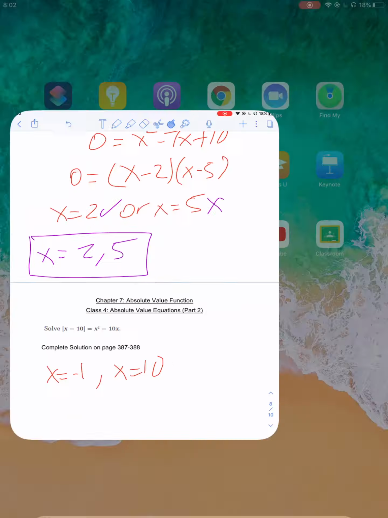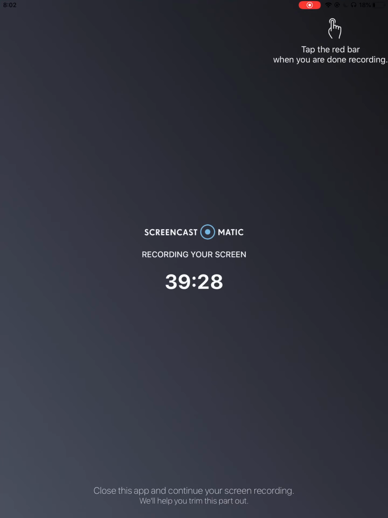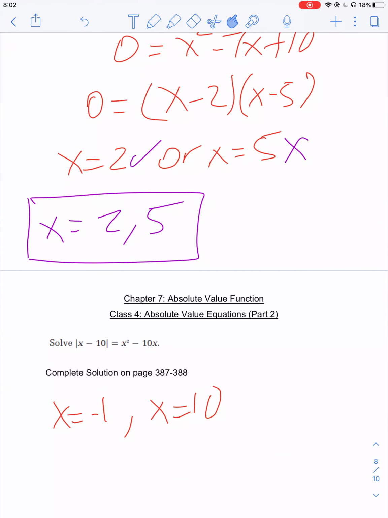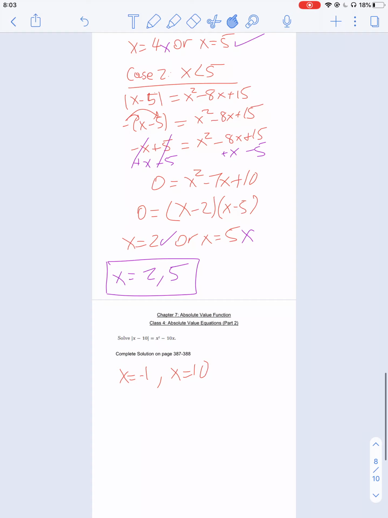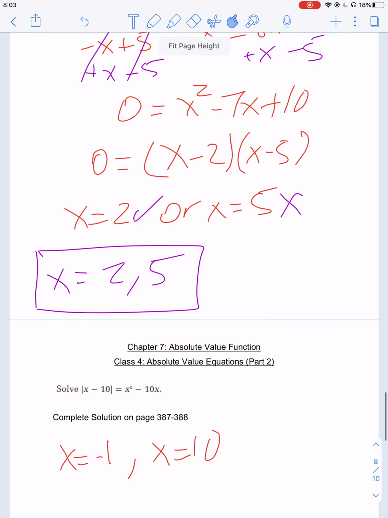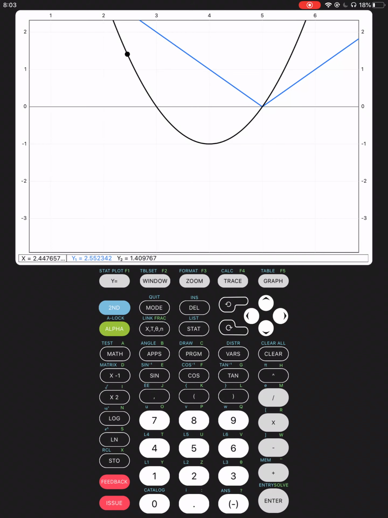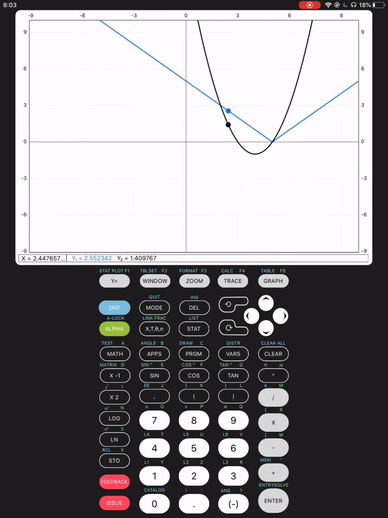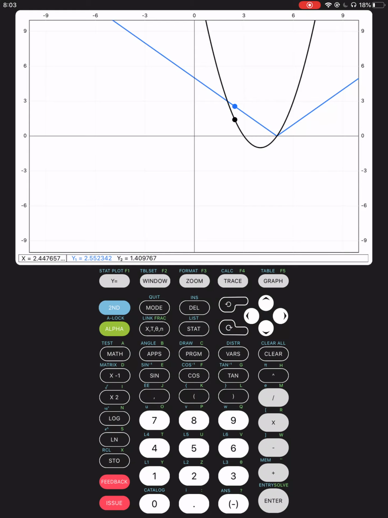I know that the graph looks very complicated. I haven't shown you how to graph a quadratic function. Well, in this case, you could graph, but the other one would have been very complicated.